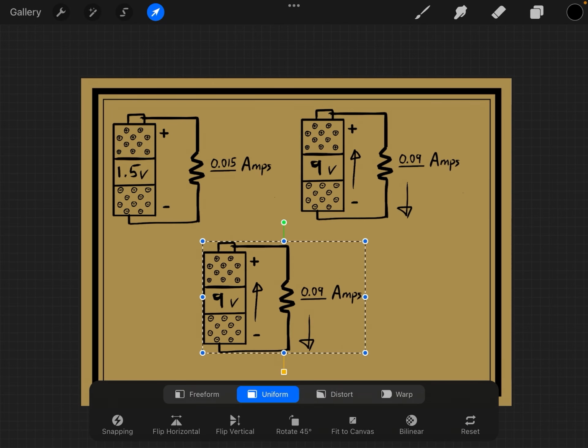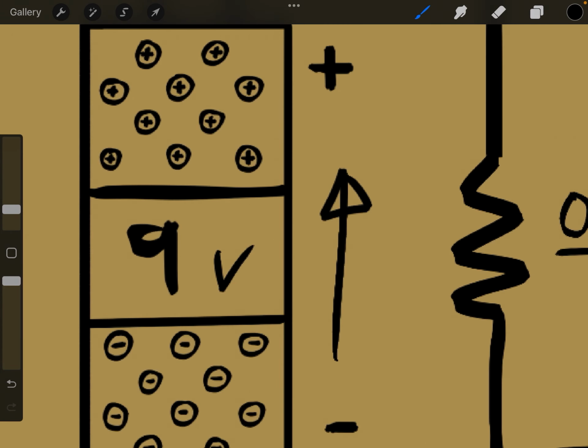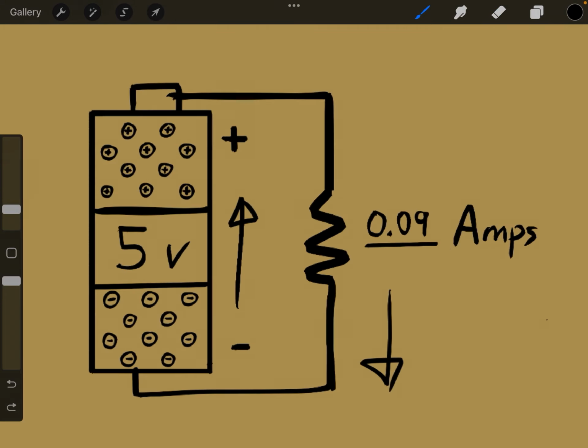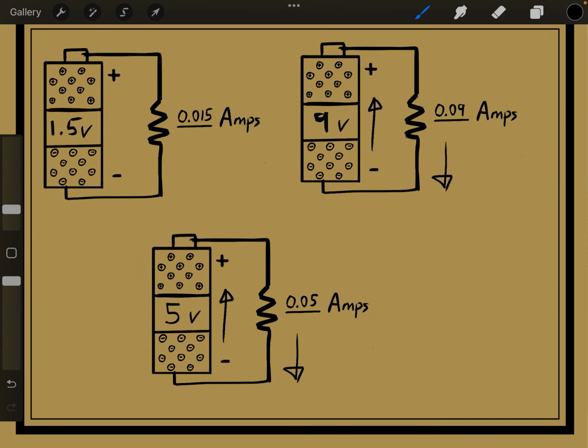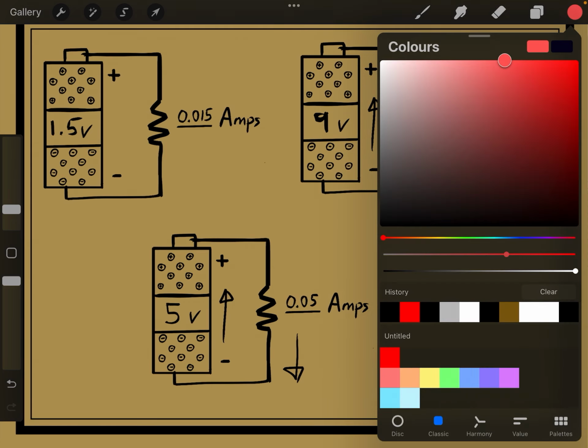And so you might try it again with another battery. Maybe this time you use a 5-volt battery, like the one in your iPhone. You measure the current again and you find that now it is 0.05 amps. And you realize, hey, wait a minute, I can see a pattern.